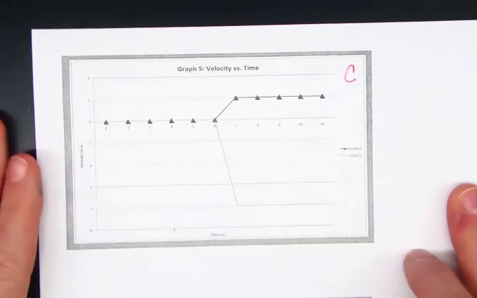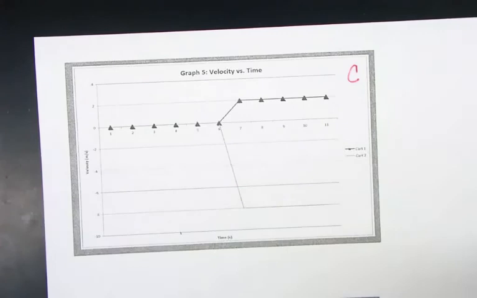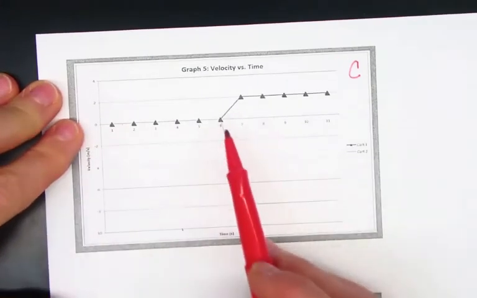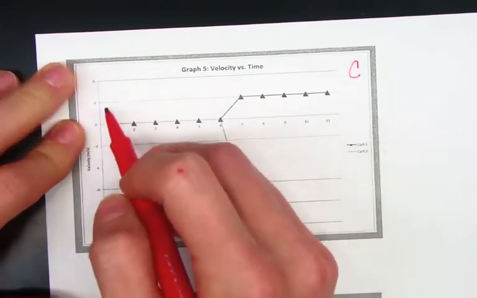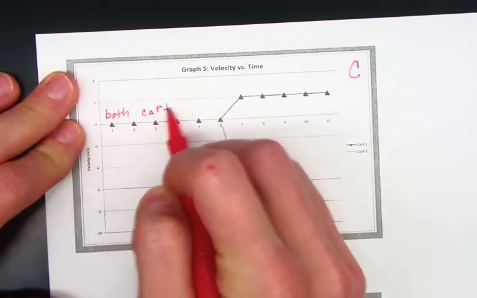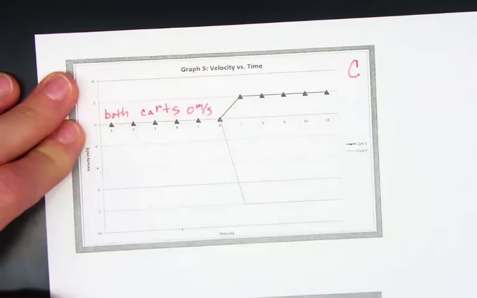Let's turn the page. For this one, this is also velocity, and if we take a look here, this is actually 0, and I can see here's cart 2 coming off of that and cart 1, so these are both together. So both carts are at rest, so they're both at 0 meters per second here.